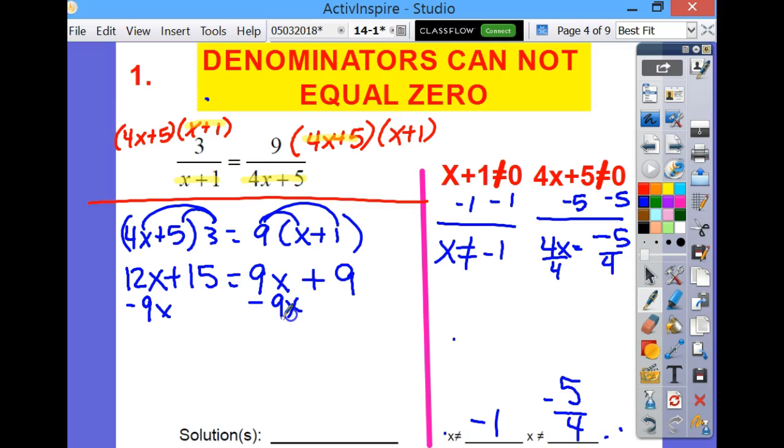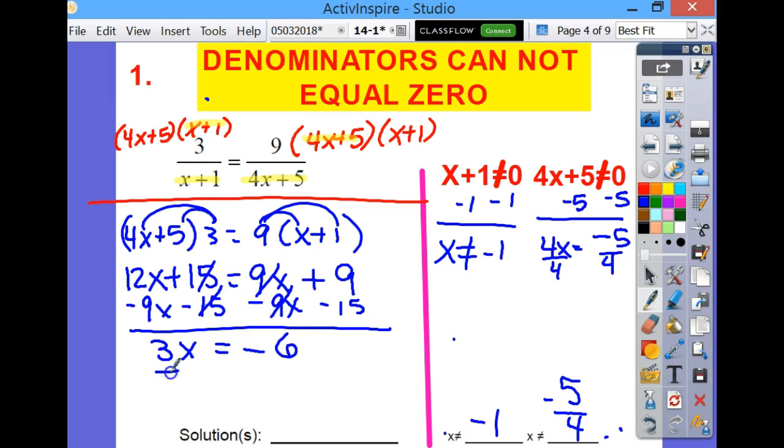Subtract the 9x from both sides. Subtract the 15 from both sides. Cancel, cancel. Divide by the 3, and x equals negative 2.